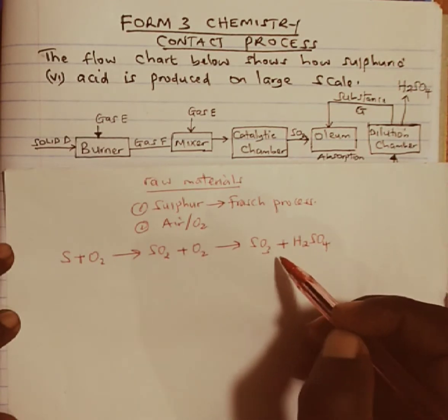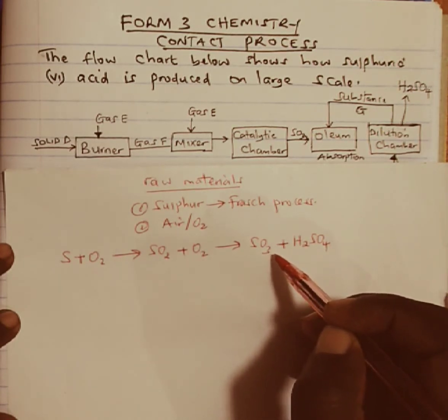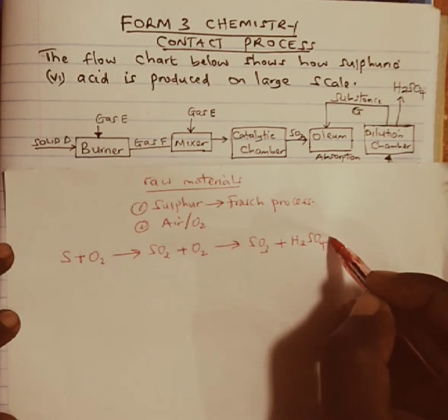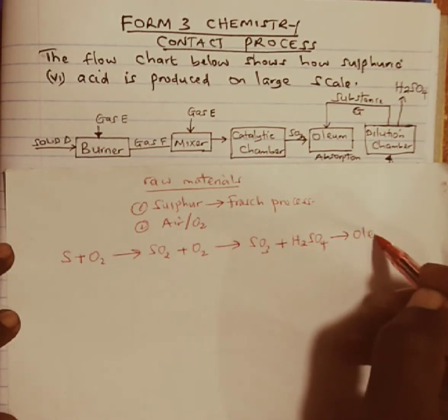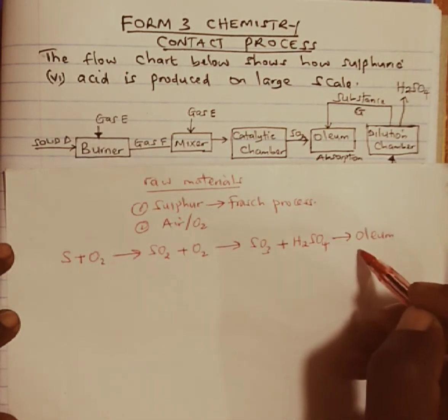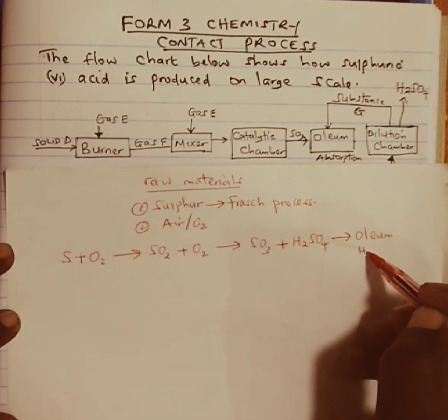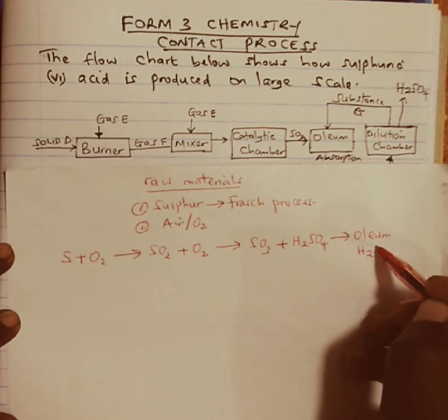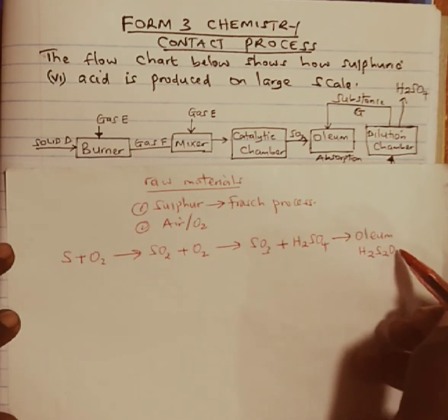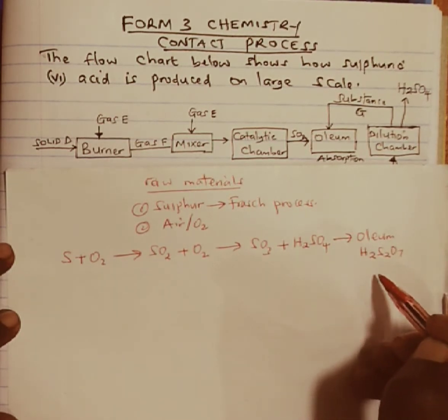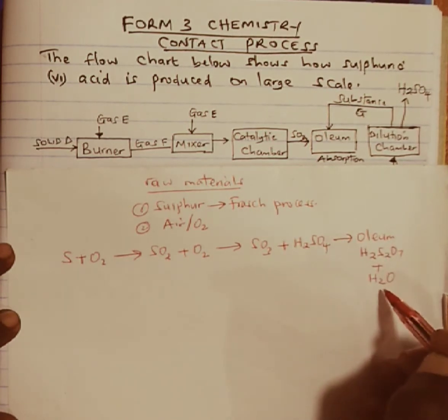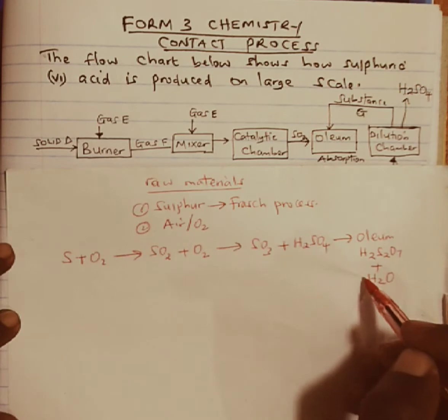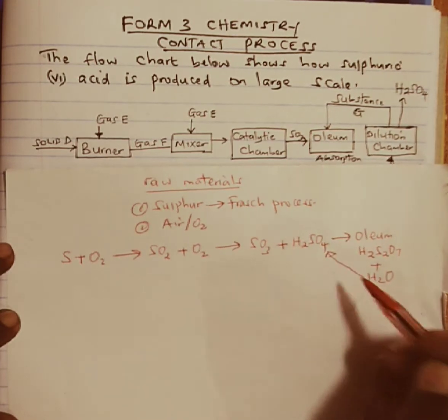After dissolving sulfur 6 oxide in concentrated sulfuric acid, we get oleum, with the formula H2S2O7.